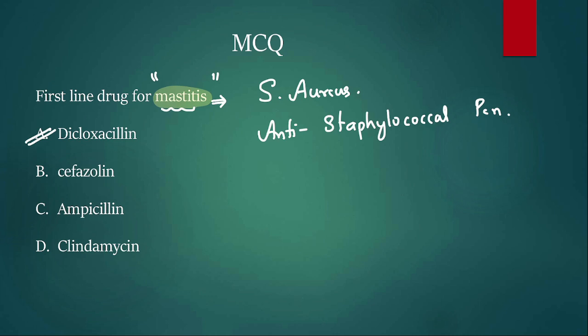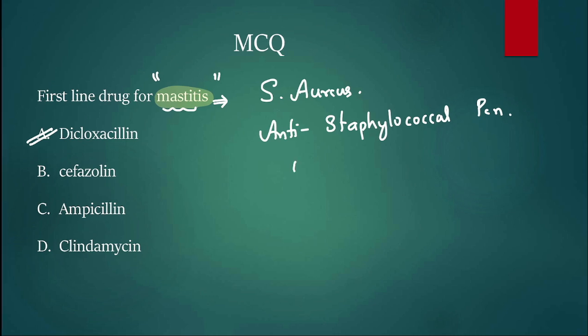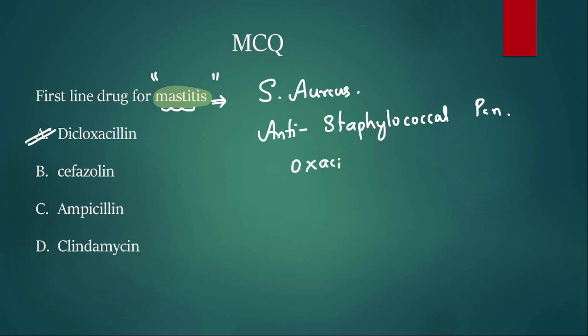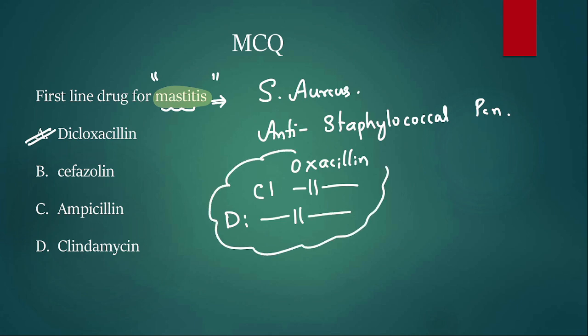So what are the anti-staphylococcal penicillins? The names are oxacillin. If you add c, it becomes cloxacillin. And if you add a di for that, it is dicloxacillin. And please remember, all these three are oral drugs.